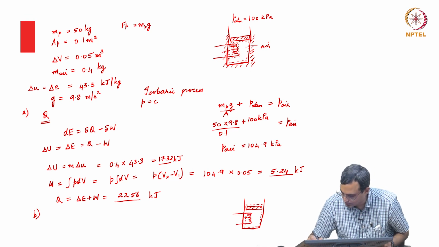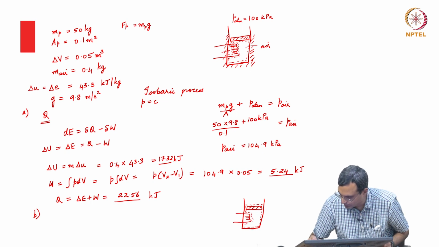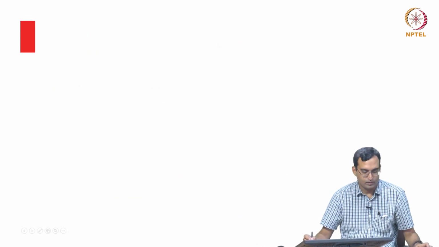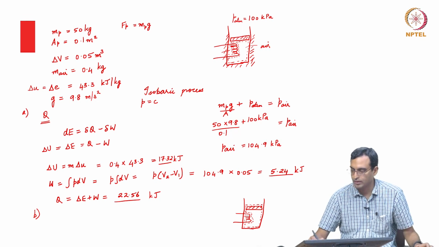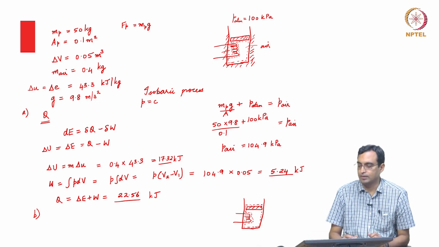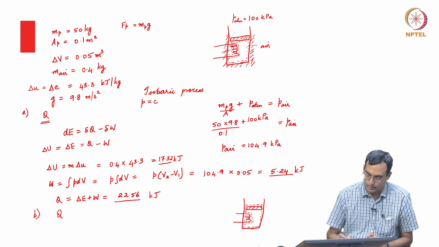So I still have this heater here. My system is still the air on this side of the heater, and the other side of the heater does not include the heater, but now includes the piston as well. What I am interested in finding out is the heat transferred.